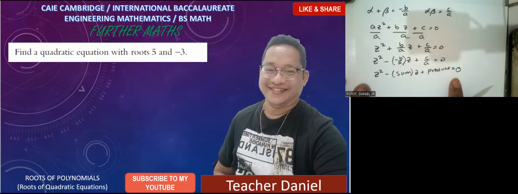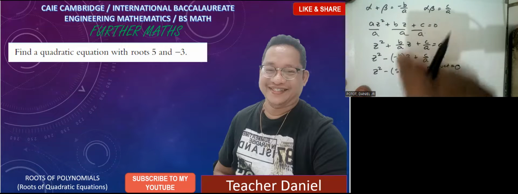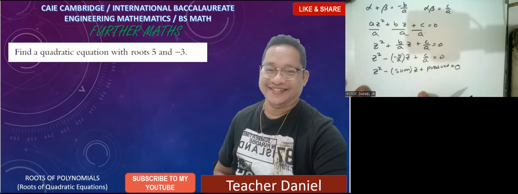But again, this is not the focus in further maths. I just want to show you that you can interchange that symbol, because as you study the cubic and the quartic, you're going to encounter the same thing and it doesn't change at all. So that is the relationship.